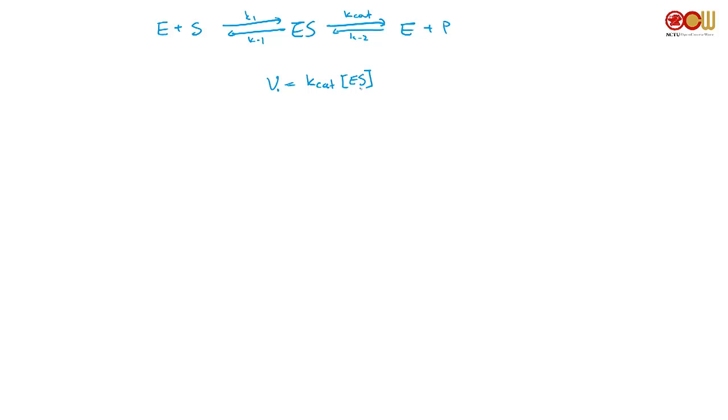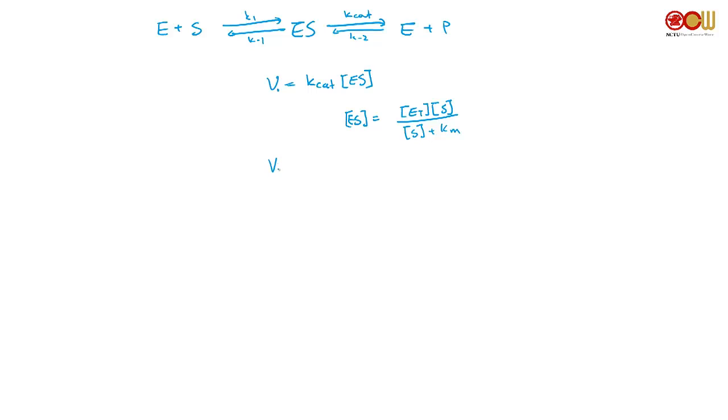We said that the rate of this chemical reaction is going to be governed by the rate constant Kcat times ES. Now we just got an expression for ES. Remember we said that ES is equal to E total times substrate concentration divided by substrate concentration plus Km.